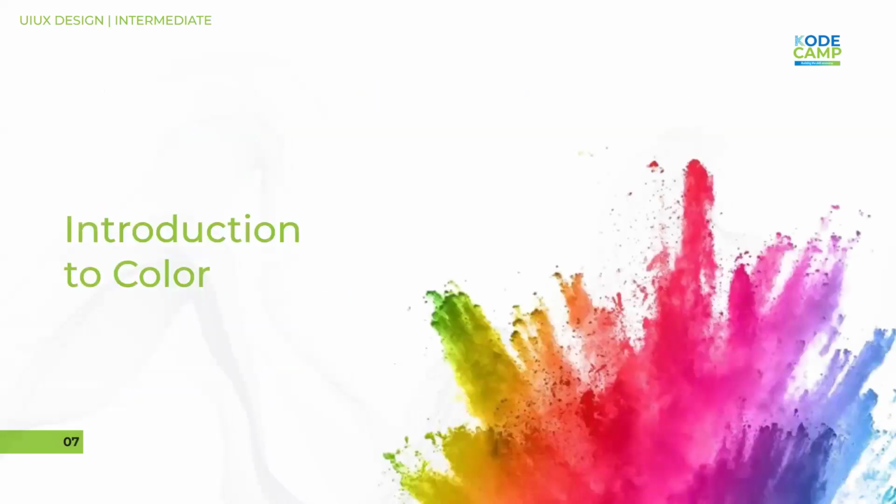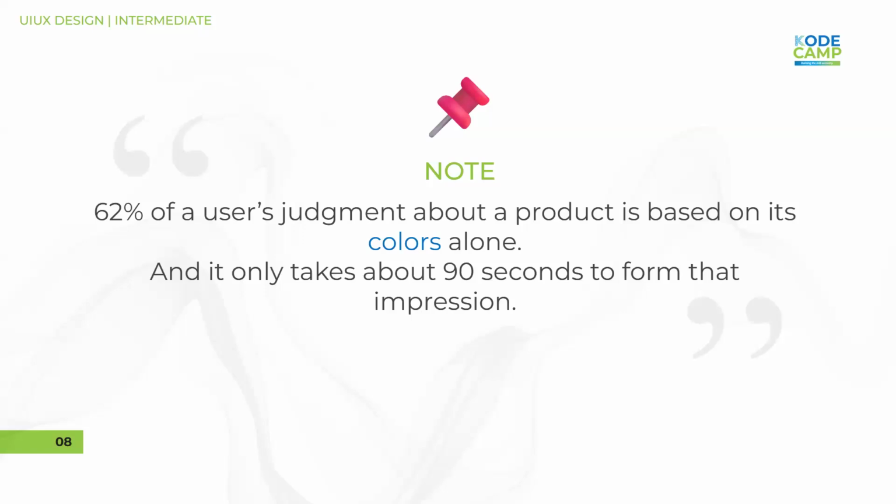Before we even start, 62% of a user's judgment about a product is based on its color alone, and it takes about 90 seconds to form that impression. So when users enter your website or use your product, it's less than 90 seconds.